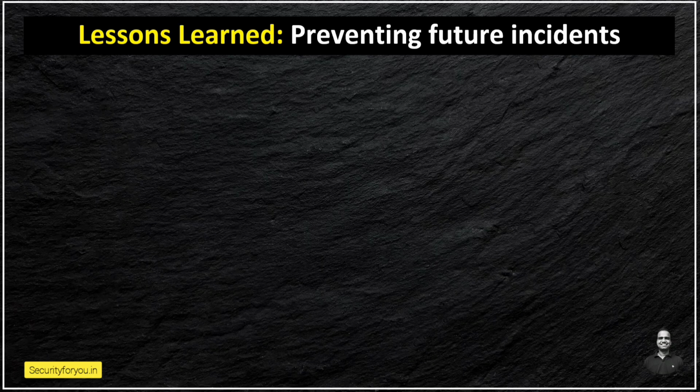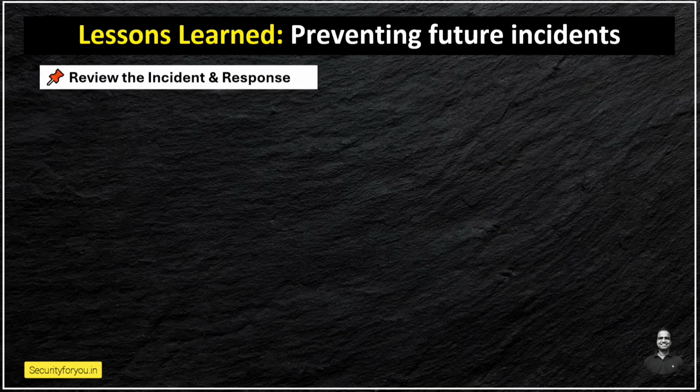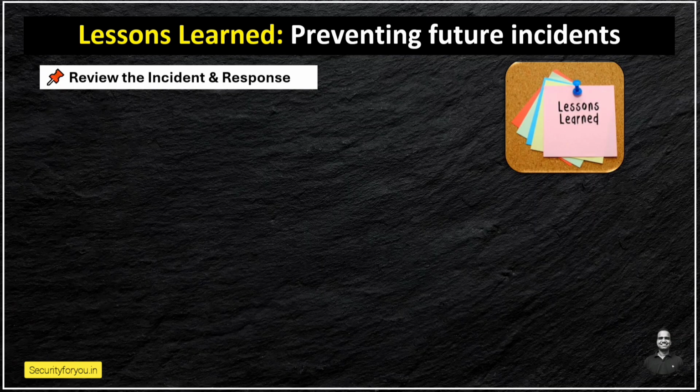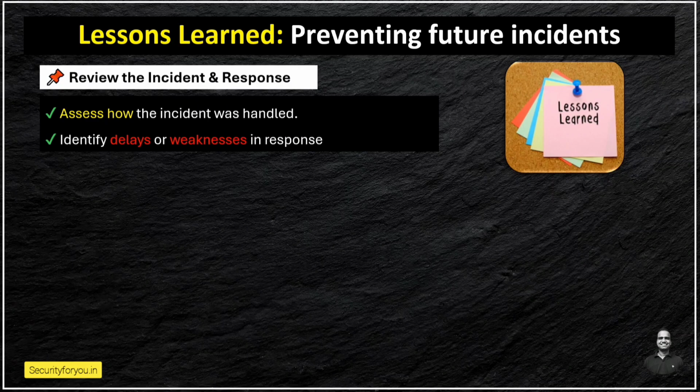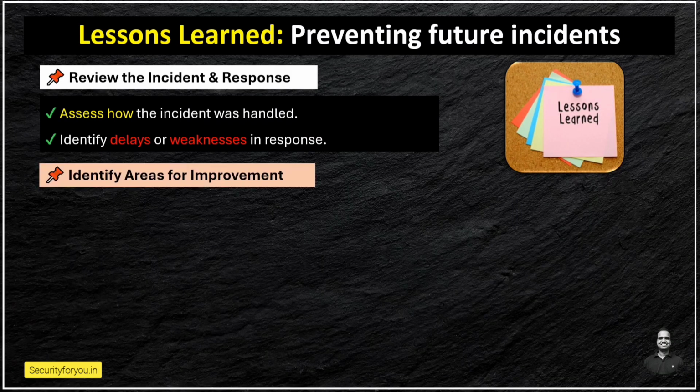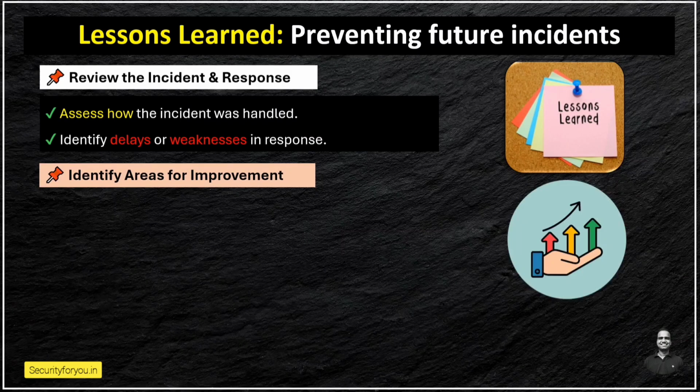During the lessons learned stage, the team examines the incident and the response to see if there are any lessons to be learned. While examining the response to the incident, the team looks for any areas where they can improve their response.